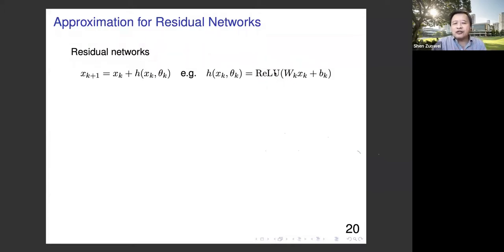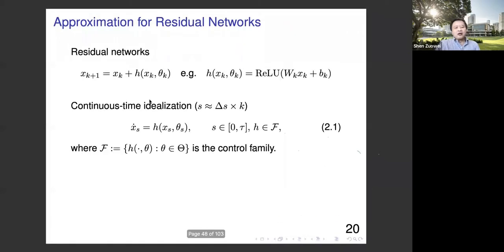I'm going to show you what ReLU is and what other choices of activation function there are. So each neural network we wrote before goes down to the residual network. That's what it is. This is the discrete version. You can take a continuous-time idealization, and it becomes an ODE dynamical system.